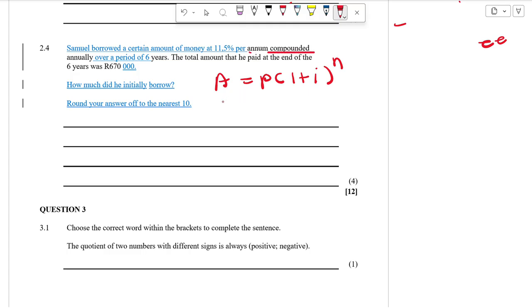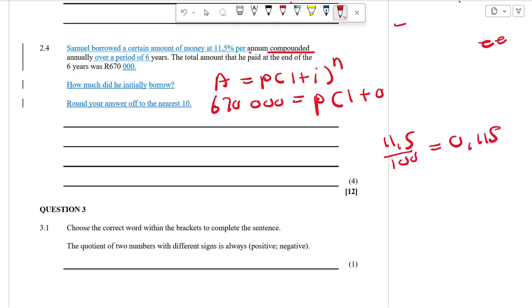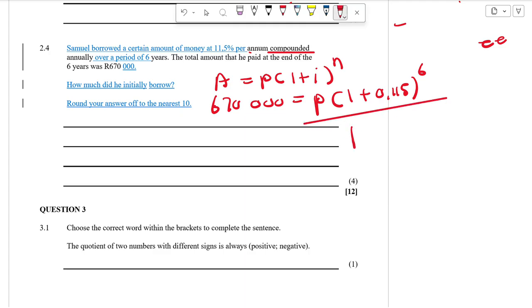So what are we given? We're given the 670 that he paid, which equals P(1 plus 11,5 divided by 100). So you're going to get 0,115. So here you put 0,115 to the power of the number of years, 6 years. And then you divide by (1 plus 0,115) to the power of 6, on this side too, so this one will cancel with this one.